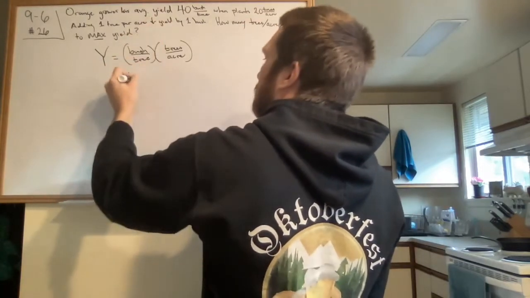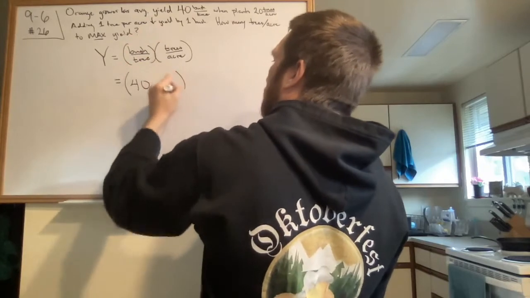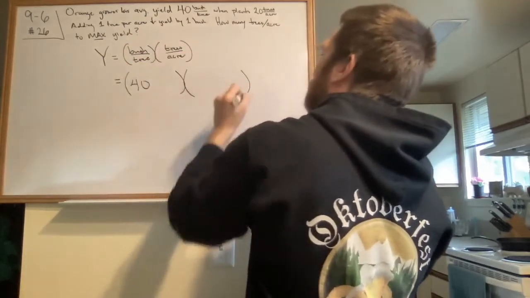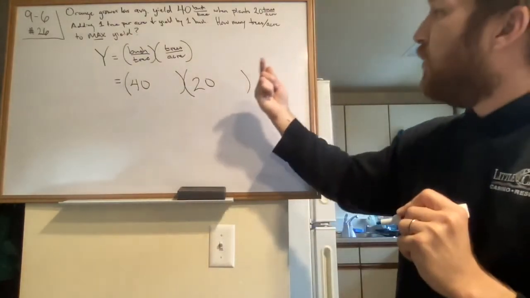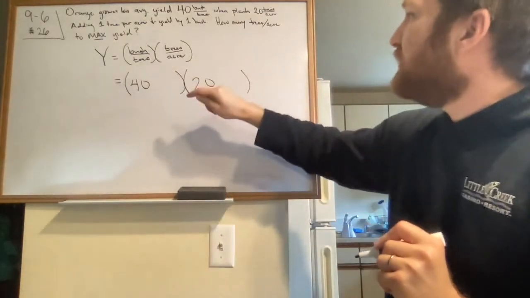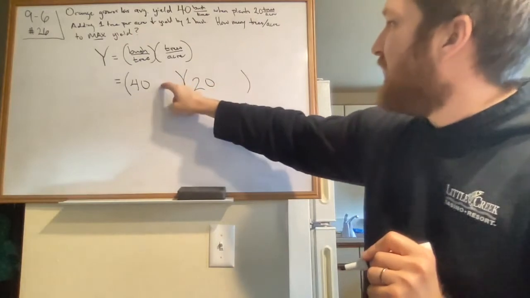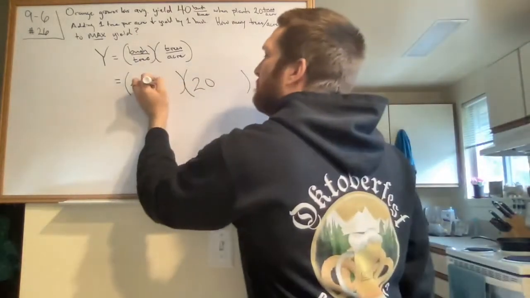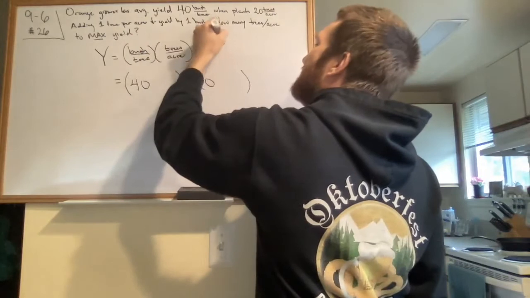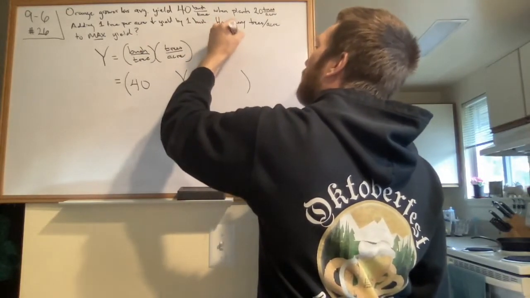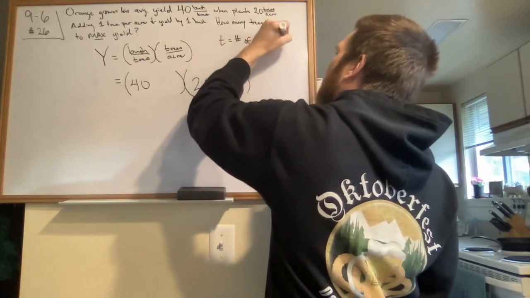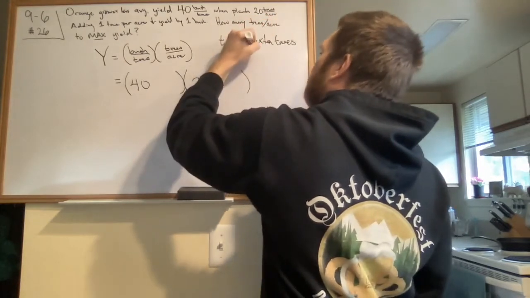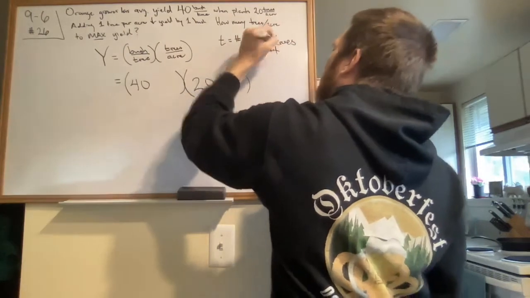Bushels per tree, you're starting at 40. And trees per acre, you're starting at 20. And then for every one extra tree you plant, this goes down. So how about minus, let's let T equal the number of extra trees you plant above 20.